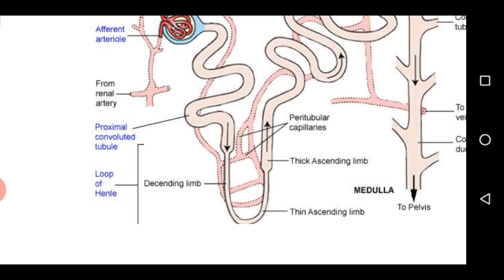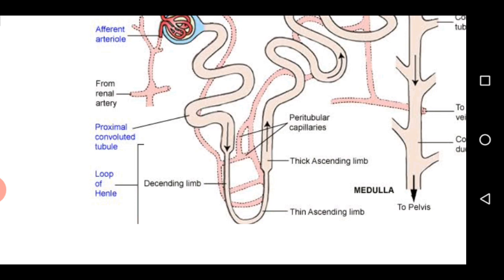I hope you can see that coiled region. That is the proximal convoluted tubule. This proximal convoluted tubule straightens up to give us Henle's loop or loop of Henle. I hope you can see a U-shaped structure. That is the Henle's loop or loop of Henle.